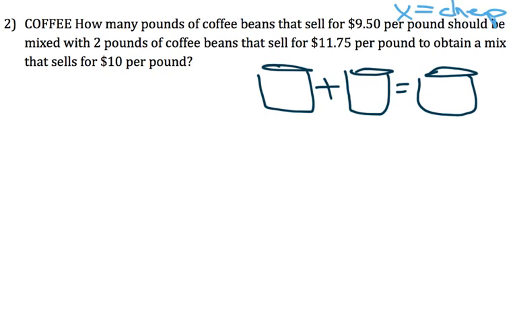And then we know all this, so we'll call that the more expensive. So let's put EXP, and then we'll put cheap. And we need to hit the mix. So I'll just call this one mix over here.